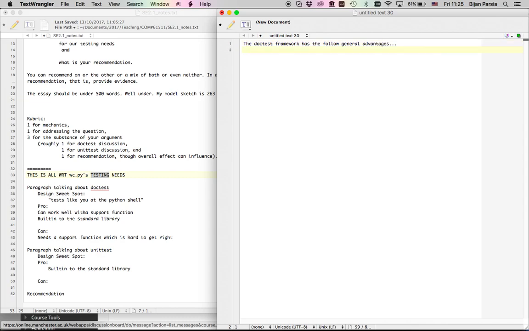And then I might say, when trying to use it for wc.py, I found, and then some descriptions, maybe partly taken from the pro list, partly taken from the con list. On the one hand, it was very easy to get some tests up and running at all, just simple tests.